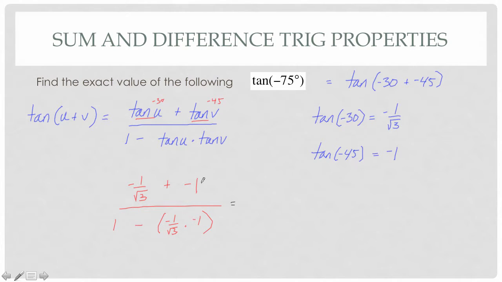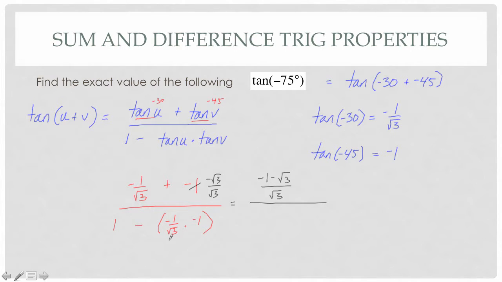In the numerator, I'm going to change negative 1 into negative square root of 3 over square root of 3, so I get common denominators. So negative 1 divided by square root of 3 plus negative square root of 3 over square root of 3. In the numerator then, that's going to be negative 1 minus the square root of 3 all over the square root of 3.